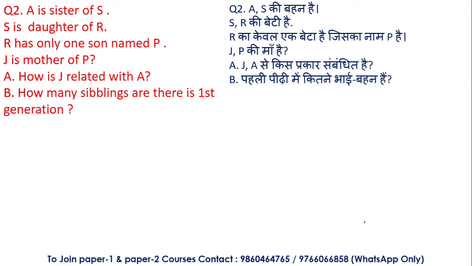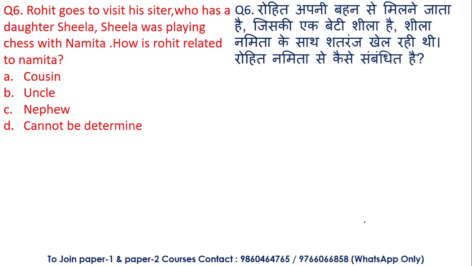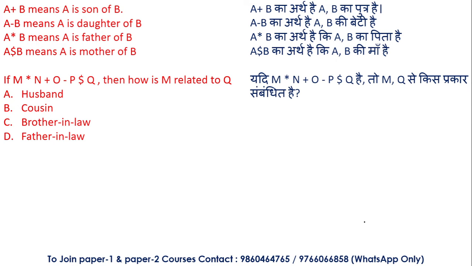In case of type 2, this is a type 2 question. In this particular type 2, they have given you 4 to 5 statements. These are basically the data we can consider. Based upon this data, a question is asked to determine the relation.